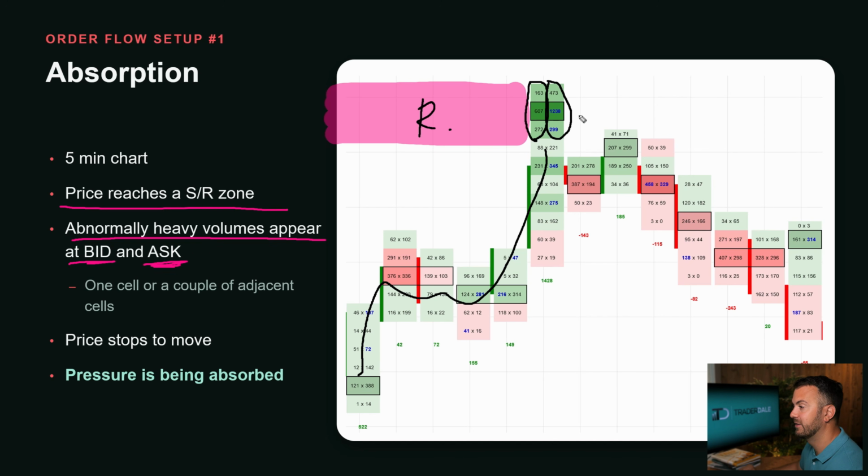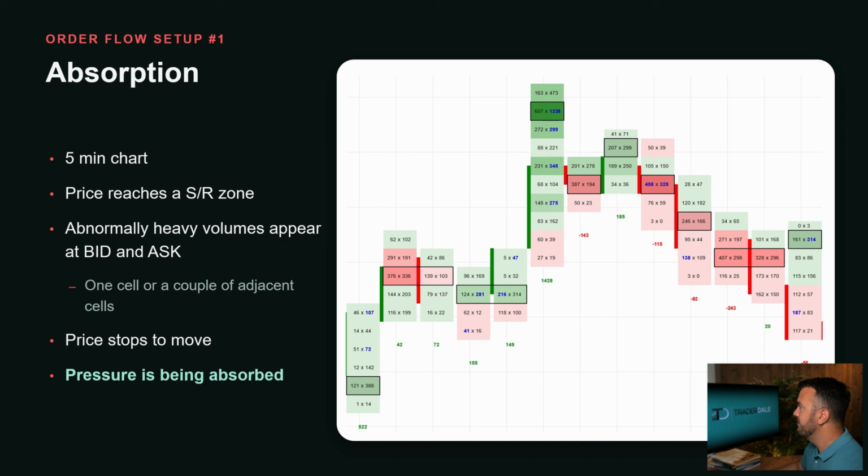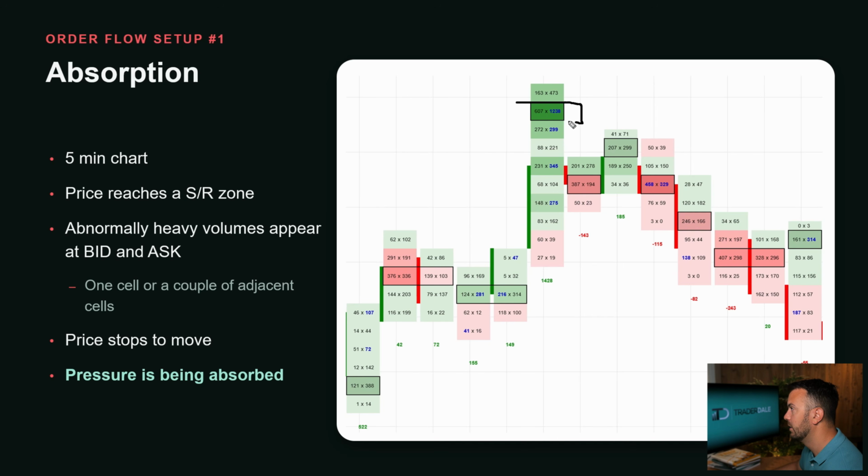That's important, right? The heavy volumes could appear in one cell or a couple of adjacent cells. So it could be, for example, those three. See, there were heavy volumes at bid and at ask in all those three cells. So it could look like this, or it could be just one huge heavy volume cell.